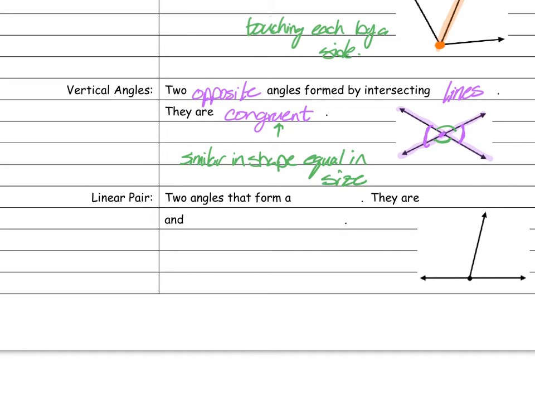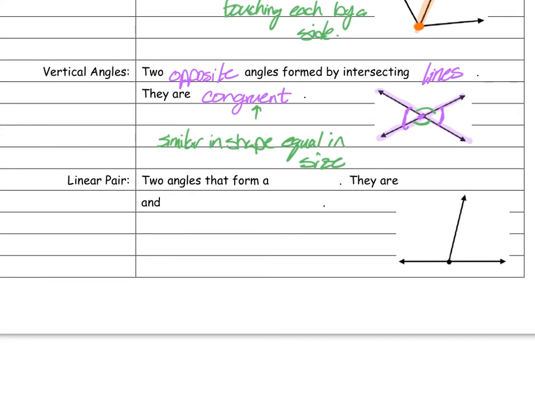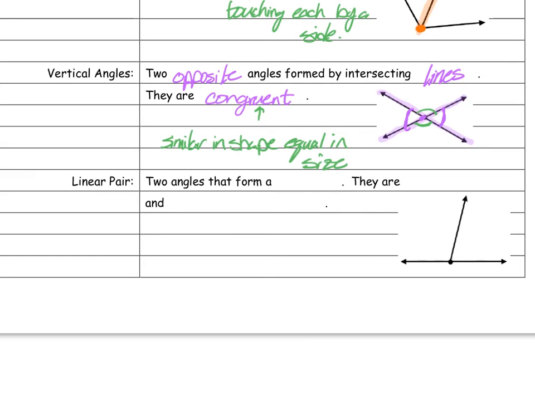The last word we briefly touched on last lesson is called a linear pair. They're two angles that form a line, and they are adjacent and supplementary.